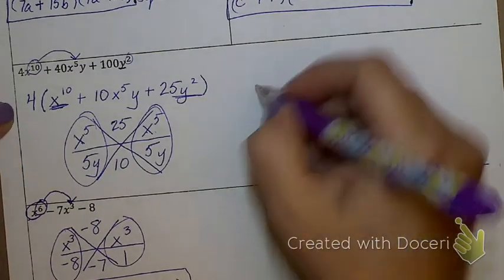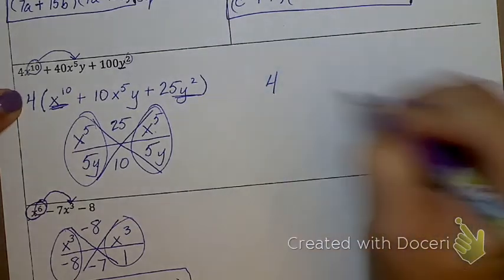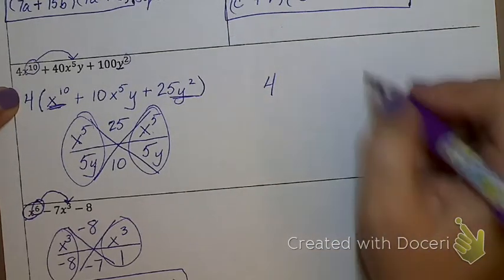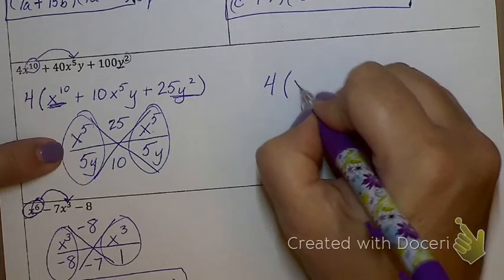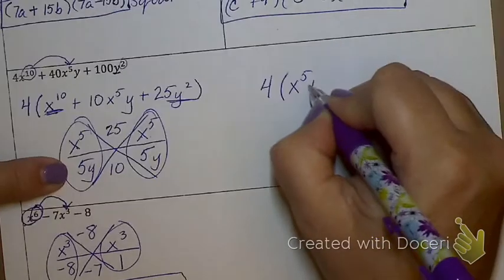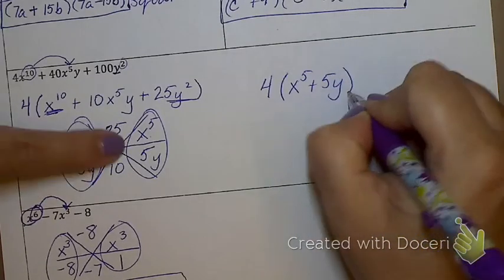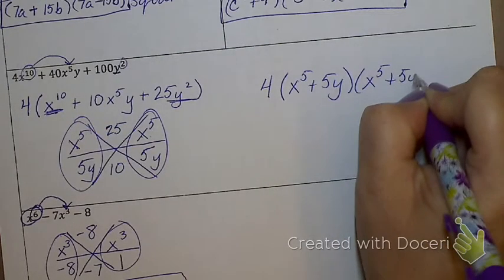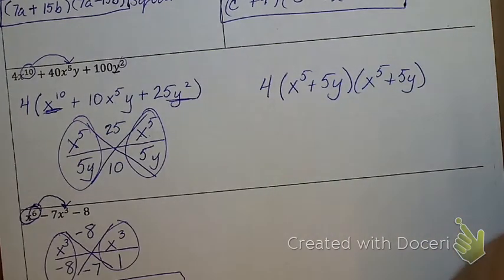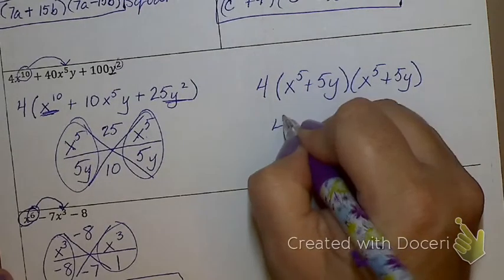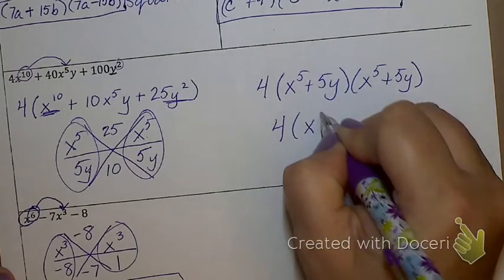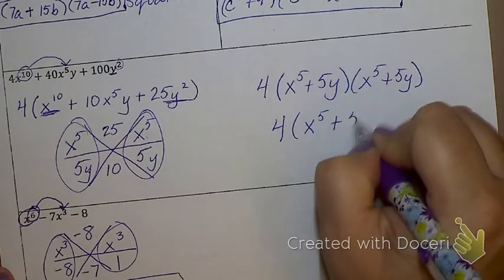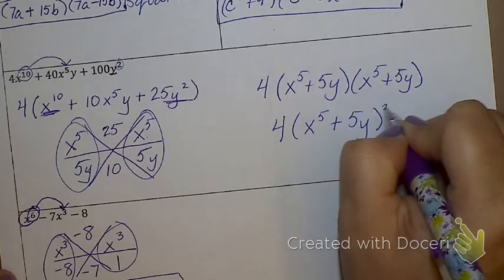Nope. So I have a 4 out in front. I cannot forget that 4. And then I have x to the 5th plus 5y, and then x to the 5th plus 5y. Can I write that any better? I can write it as 4 times x to the 5th plus 5y squared.